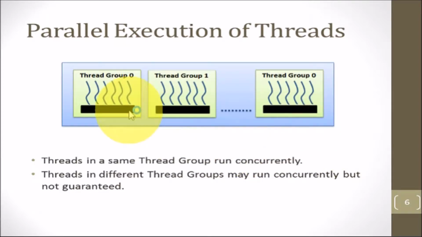But threads within different thread groups are not guaranteed to run together; they may or may not. So we could provide the same kind of work or the same control flow to a particular group so that all its threads run the same job concurrently, but we could give some other, different control flow or different work to a different thread group.